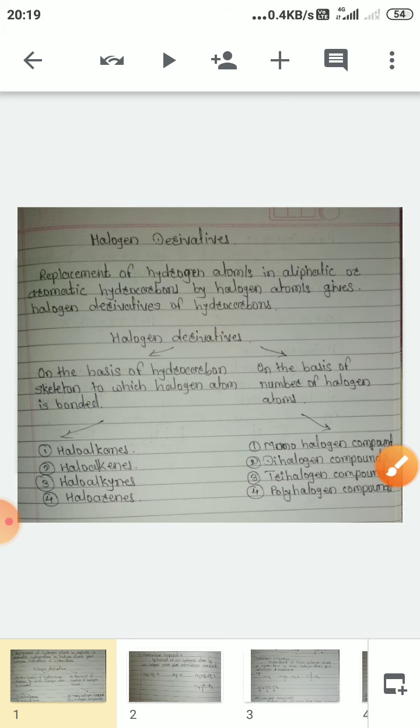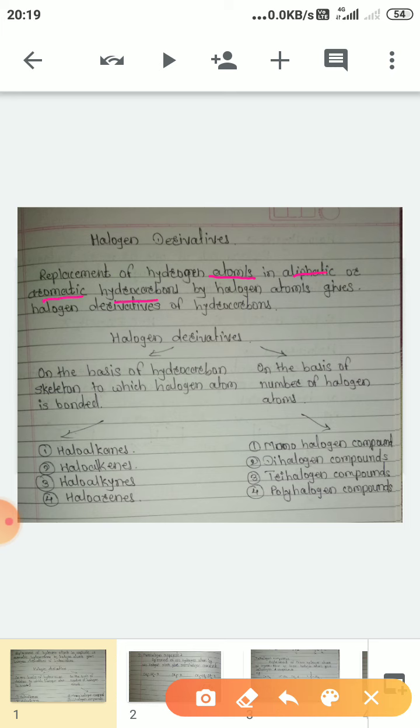Okay, let's see once again what the halogen derivatives are. The replacement of hydrogen atom or atoms may be one or more. Therefore, replacement of hydrogen atom or atoms in aliphatic or aromatic hydrocarbons by halogen atom or atoms gives halogen derivatives of hydrocarbon.